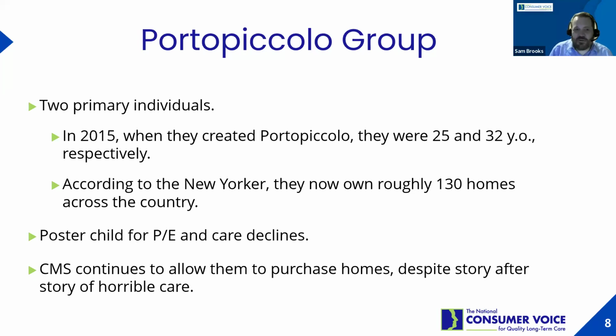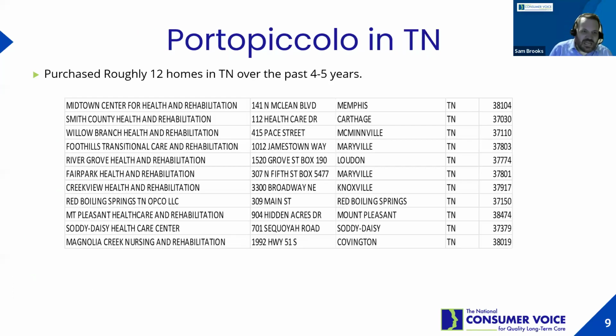Despite ample evidence that they do not provide good care, they continue to be allowed to purchase homes. Next slide, please. I was looking at ownership in Tennessee, and I found out, holy smokes, Portopiccolo is in Tennessee.